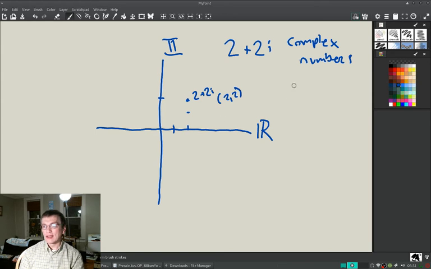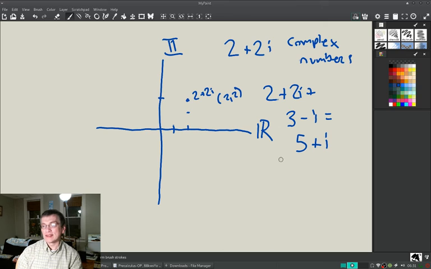You can add complex numbers. We've already done that. 2 plus 2i plus 3 minus i. You just add the real parts. 2 plus 3, I believe, is 5. 2i minus i, left with 1i, 5 plus i.